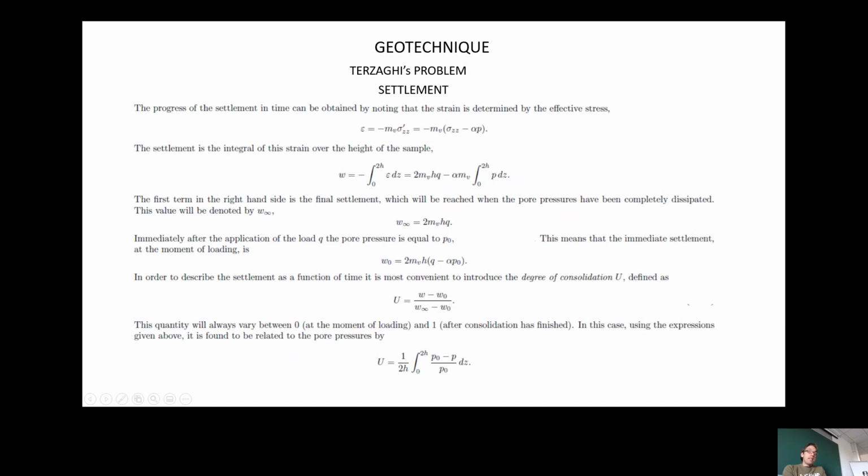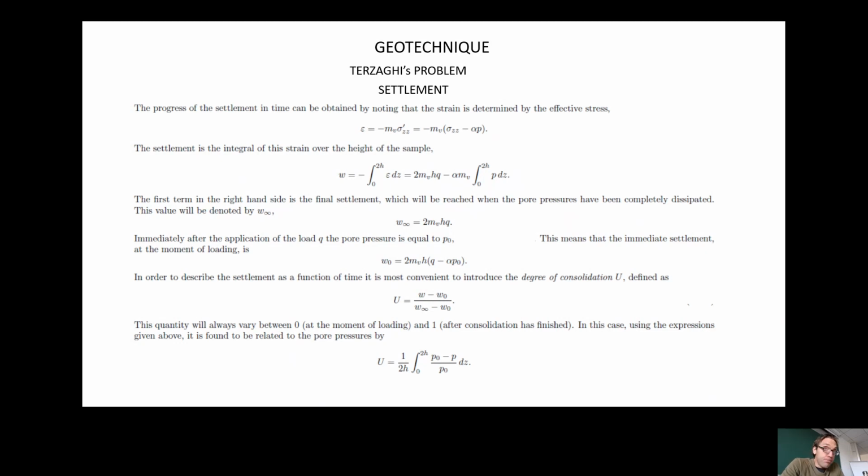And in order to describe the settlement as a function of time, it is most convenient to introduce what we call the degree of consolidation. That is the ratio between the actual value of W minus the displacement in the beginning, over the difference between the total displacement at the end, when the pore pressure is completely dissipated, the final settlement, and the initial settlement.